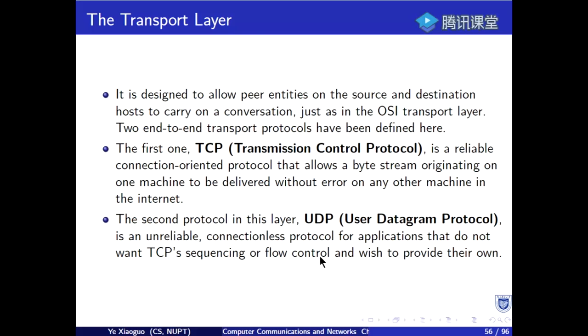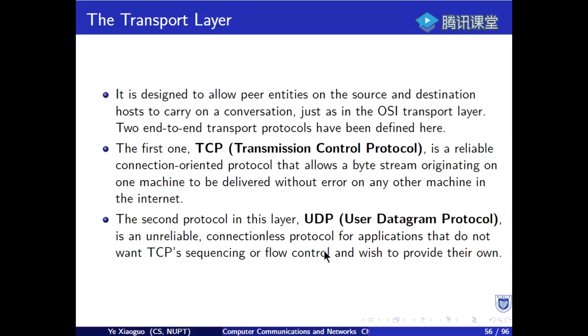The first one, TCP, is a reliable connection-oriented protocol that allows a byte stream originating on one machine to be delivered without error on any other machine in the Internet.